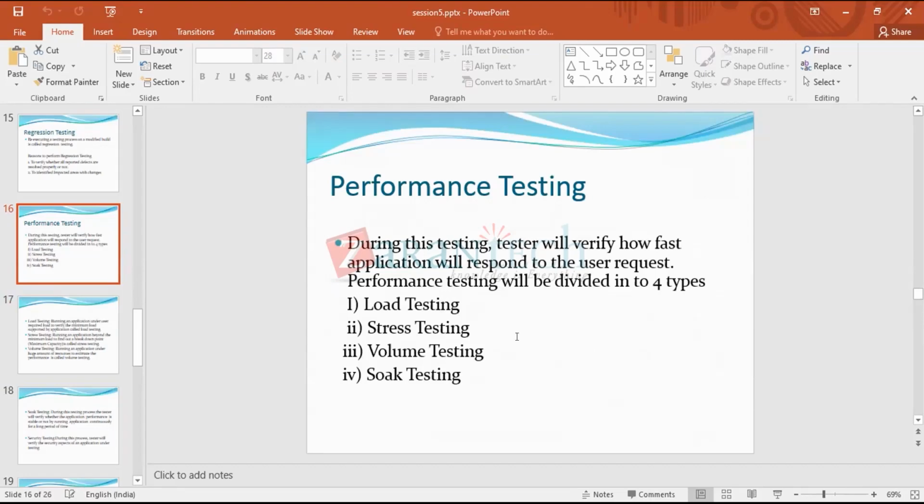Performance is always different. Load testing is to identify the minimum speed. Stress testing is to identify the maximum load. Load is always very important.